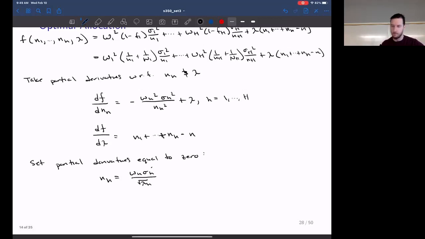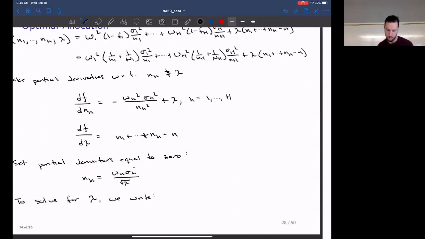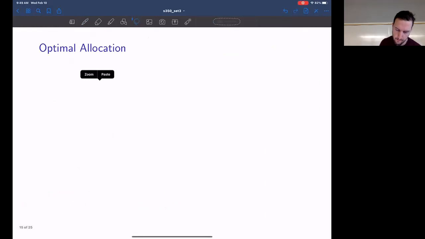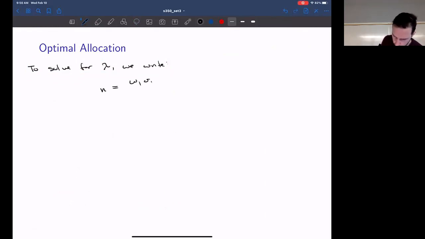And to solve for lambda, we have n is equal to w1 sigma 1 plus wh sigma h, divided by the square root of lambda.